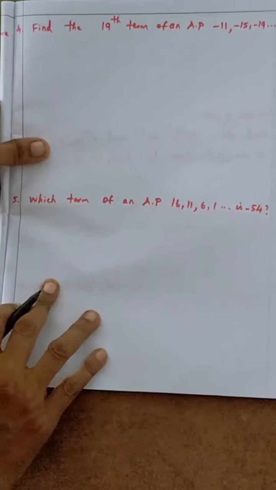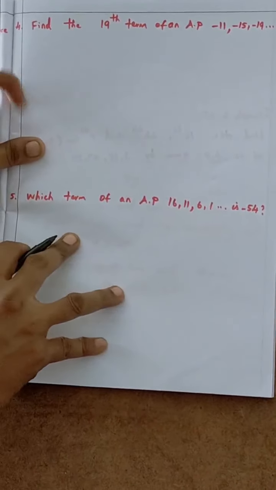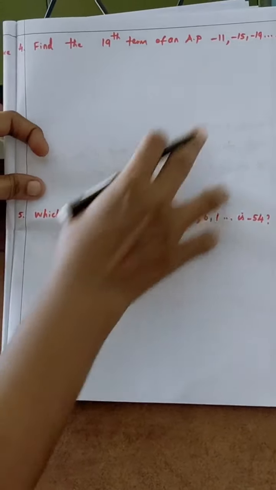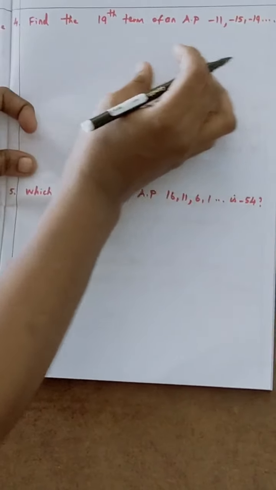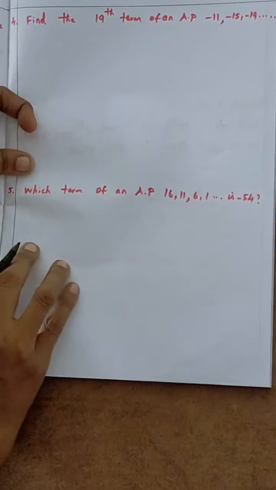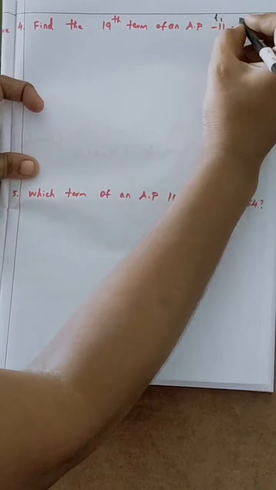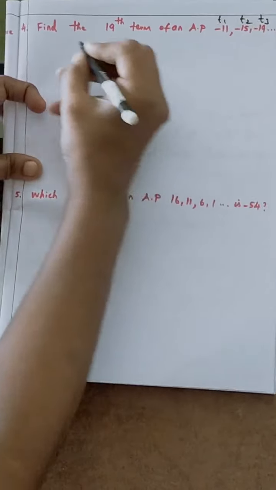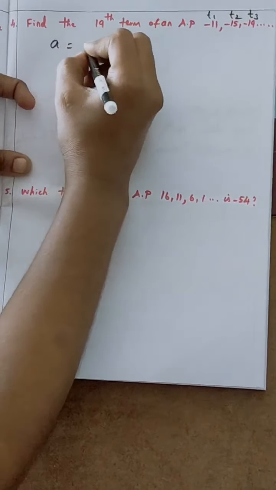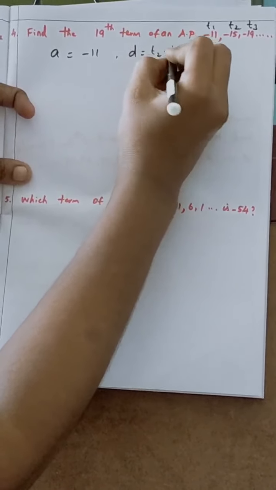Fourth question. Find the 19th term of an AP: minus 11, comma, minus 15, comma, minus 19, etc. The sequence is given, so first find the first term and then the common difference. What is the first term? T1, T2, T3. A equal to minus 11. And then find D, T2 minus T1.